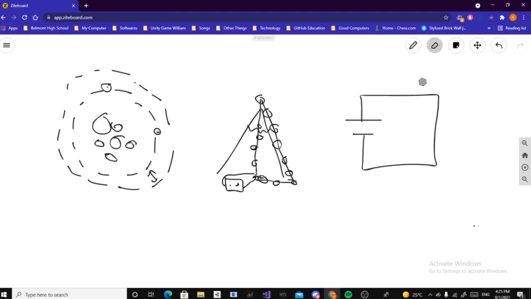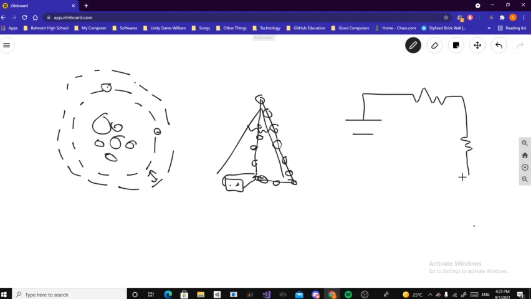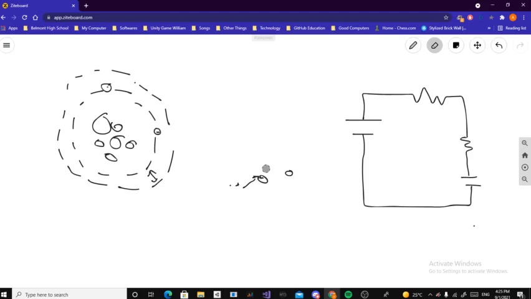When we put a resistor in, so we have a resistor, another resistor, a capacitor, and it goes back. It goes through these resistors and through the capacitor. How can we label this as a potential energy diagram?